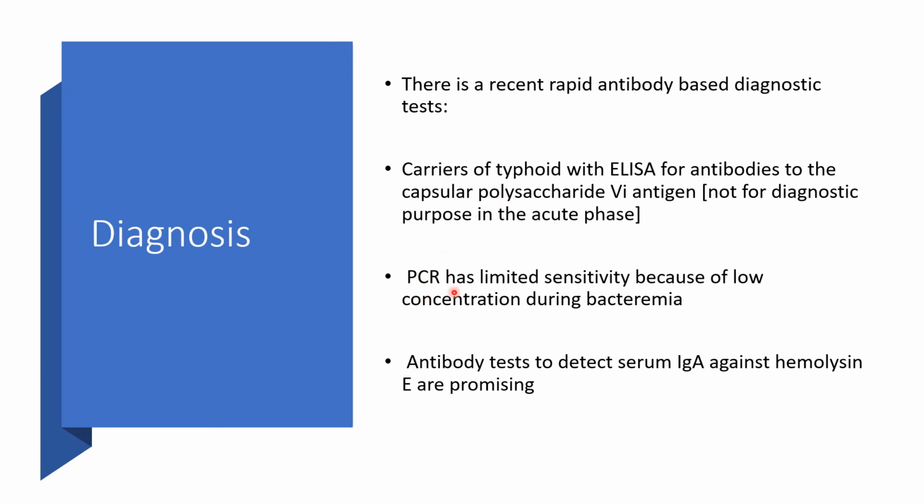Then polymerase chain reaction has limited sensitivity because of low concentration during bacteremia. So PCR will also be done, but you're seeing the limited sensitivity, right? Antibody tests to detect serum IgA against hemolysin E are promising.